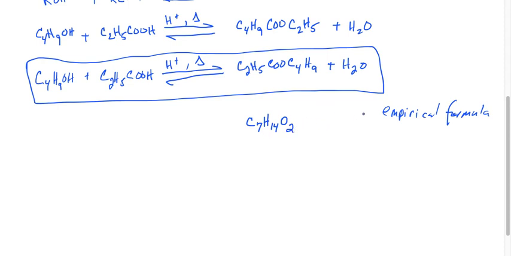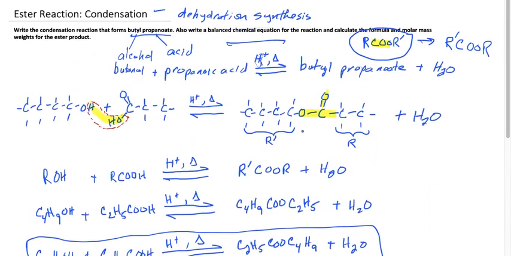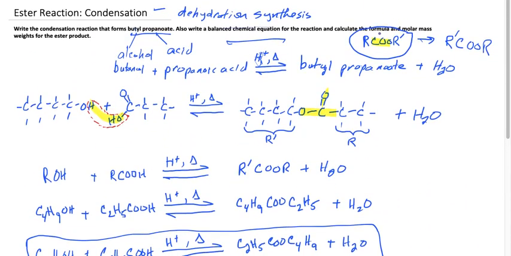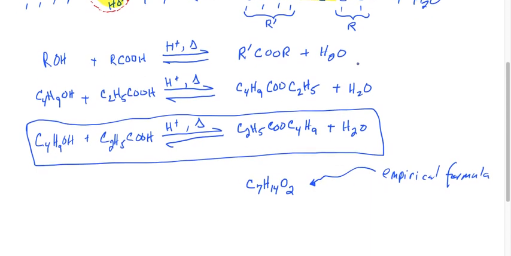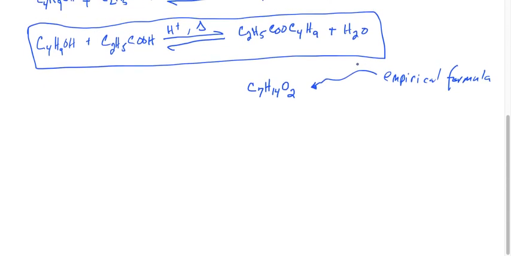So here's our empirical formula right there. All right, so from this problem, now we can figure out formula mass, and that's the basic Chem 1 skill, which I'm going to review with you in case you've forgotten it. And then molar mass, once you figure out formula mass, molar mass is pretty easy.